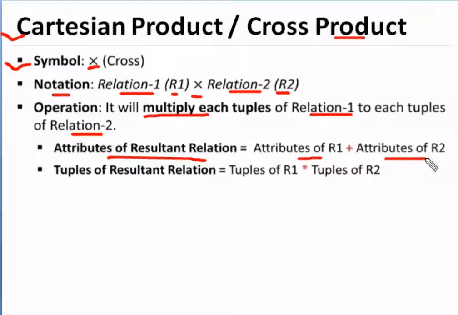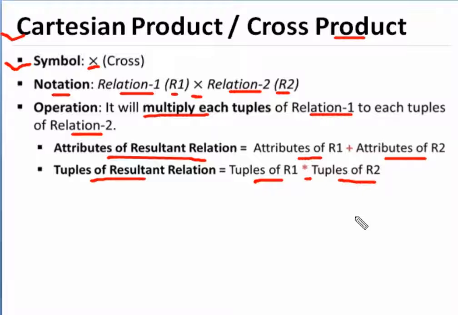Okay, and what about the tuples? In the resultant relation, tuples of R1 multiplied by tuples of R2. Okay, so in the R1 table suppose we have 5 tuples or records, and in relation R2 we have 3 tuples. So 5 tuples of R1 and 3 tuples of R2, so 5 multiplied by 3, which is equivalent to 15.